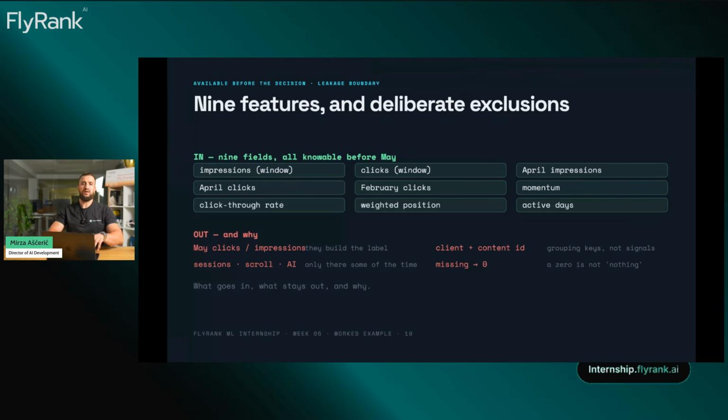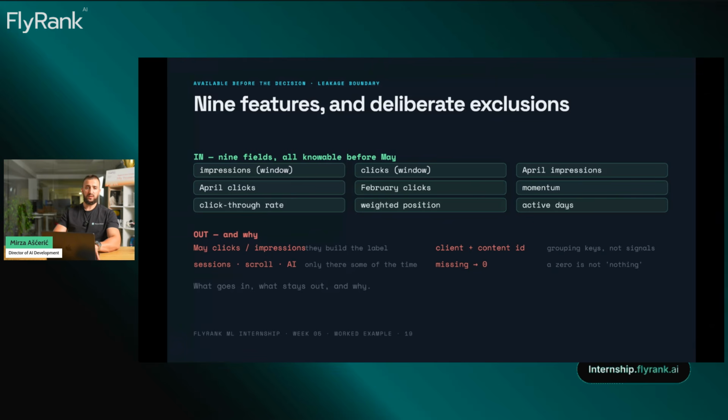And weighted position really matters here. We take total position divided by total impressions and not an average of daily averages, because that quietly gives a tiny day the same weight as a huge one.